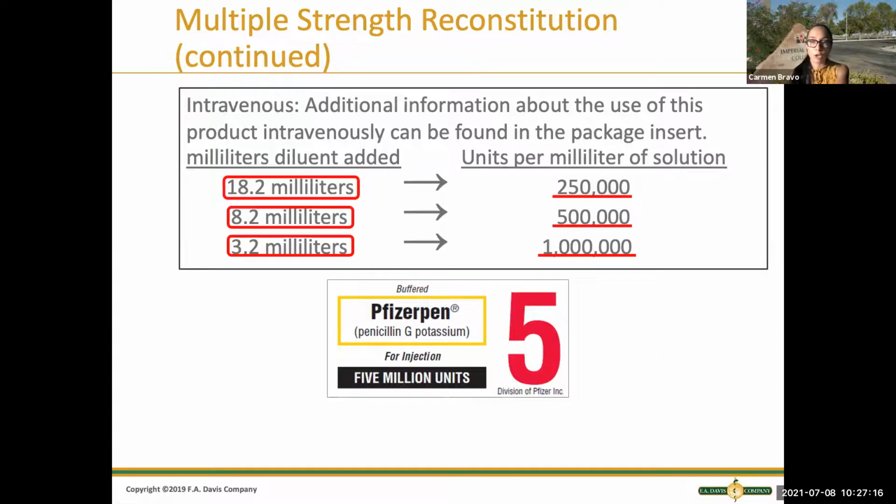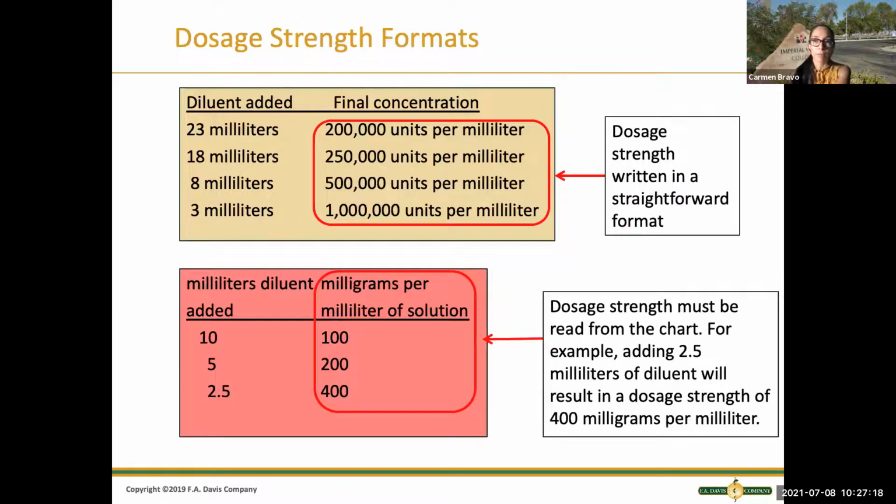That doesn't mean you're going to pick the one that better fits your dosage. There are some other formats, different ways that you will see it written. This one says if you add 23 mLs of diluent, it's going to come up to this much per milliliter.